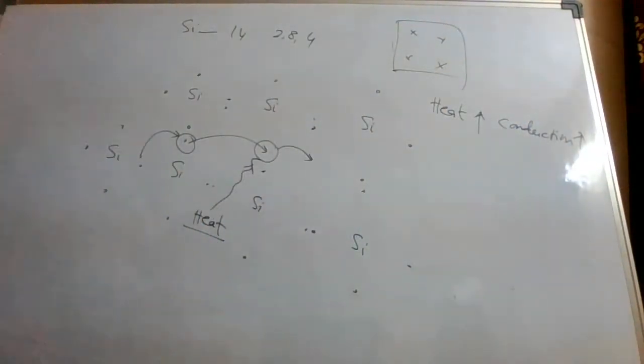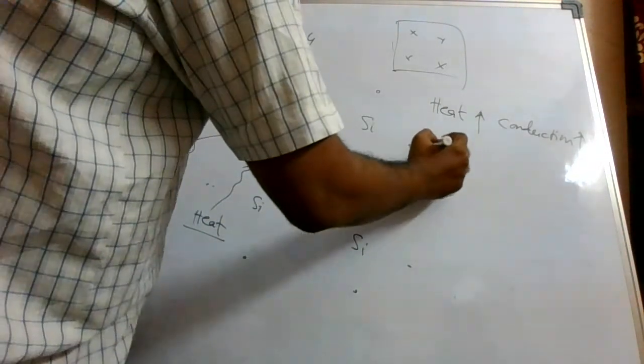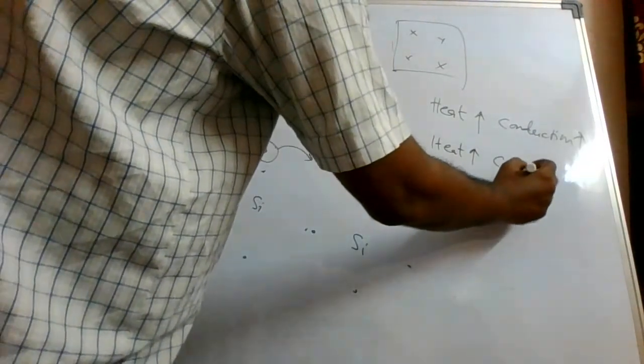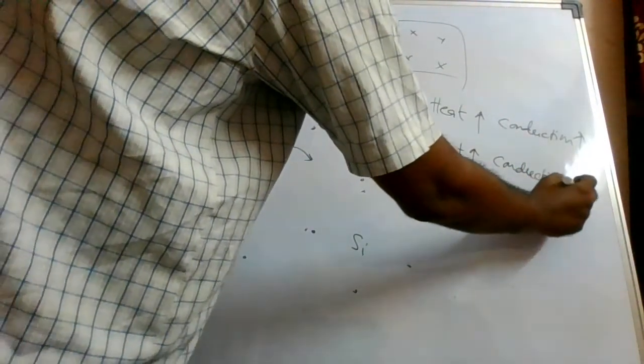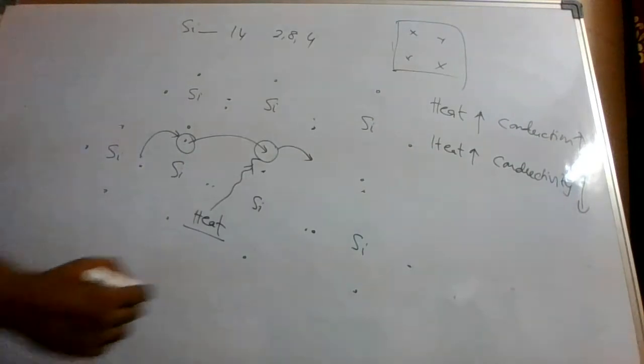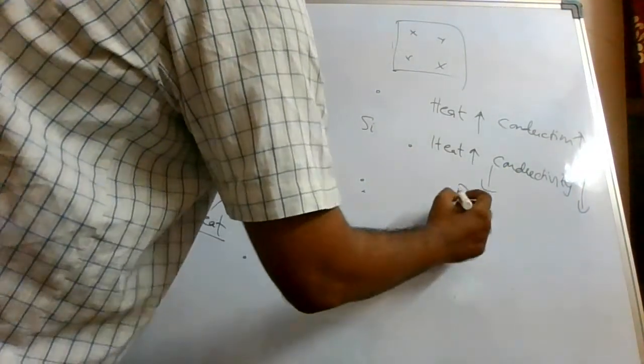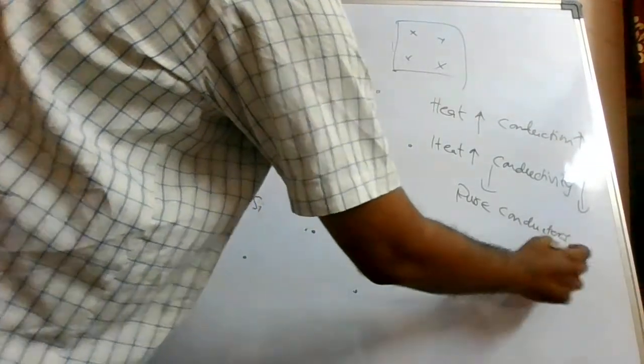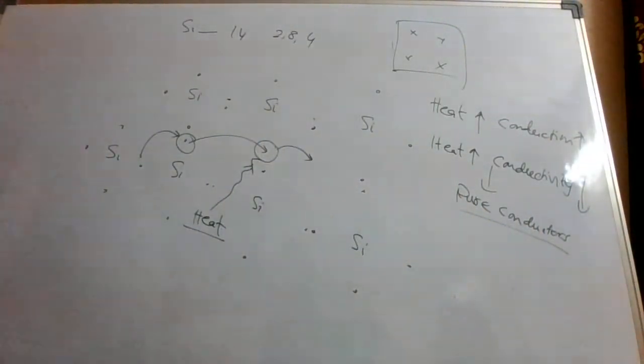Now recollect what you have studied in electrostatics and current electricity. There in conductors, when you give more heat, the conductivity actually drops. This is the case of pure conductors, which you have studied in current electricity chapters. Remember those curves, resistivity, conductivity, we have discussed these points.